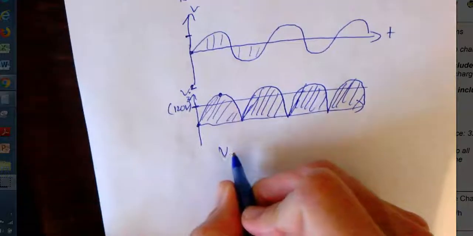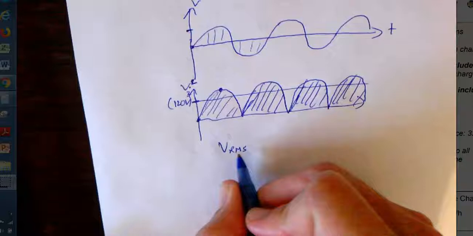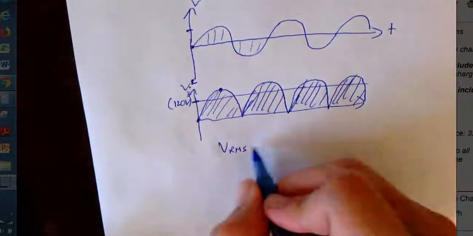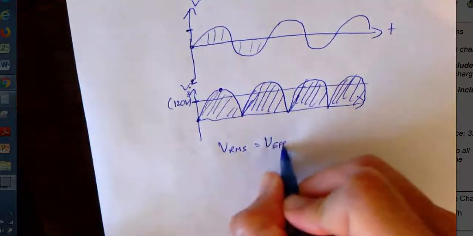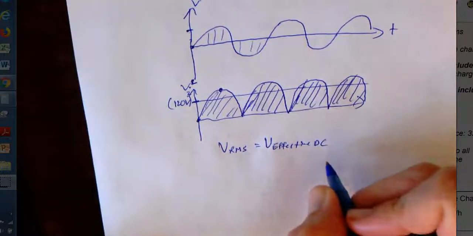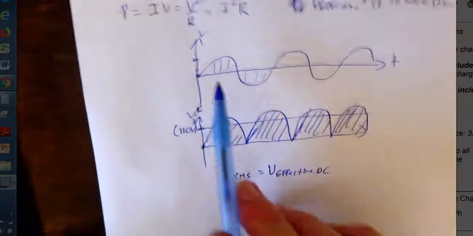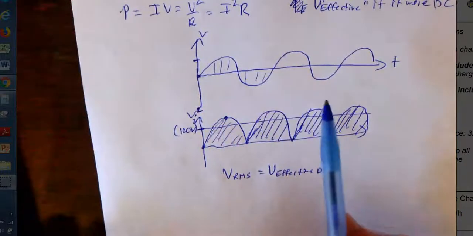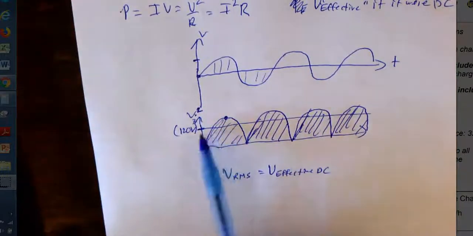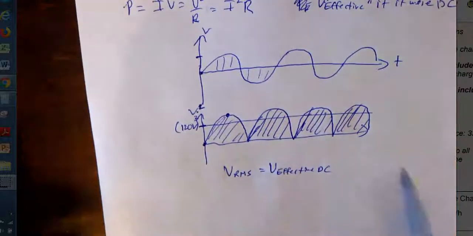They call it RMS, which stands for root mean square. But basically, it's the effective DC voltage, okay? Kind of like if you have a wire and you hook it up to something that's AC, how hot will it get? Well, what DC voltage would produce that same heat?